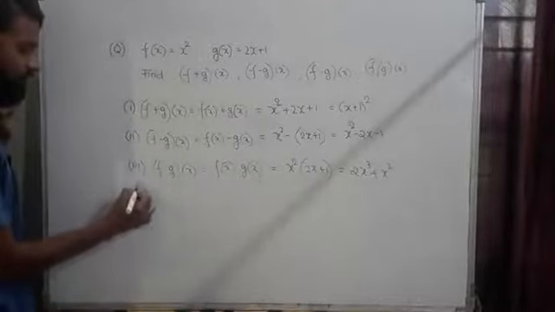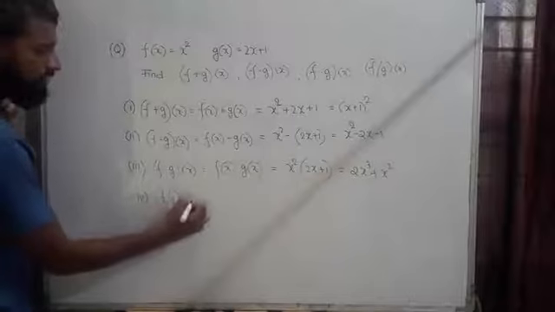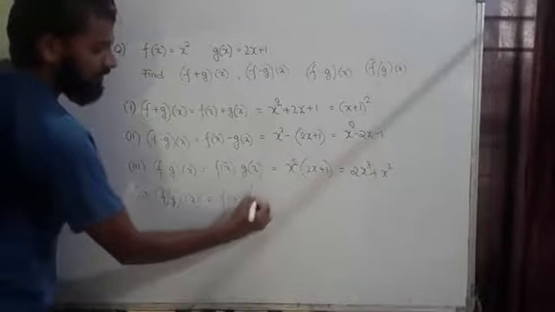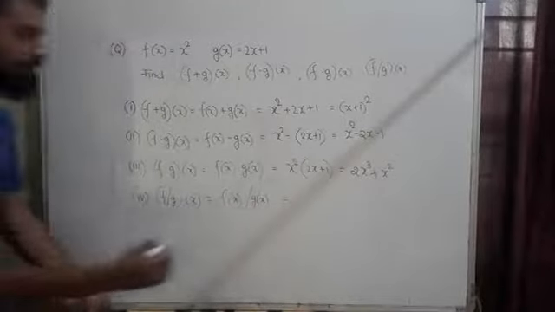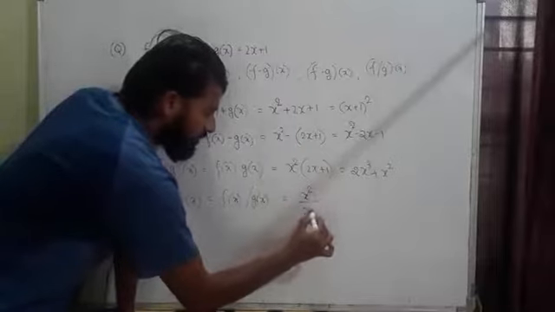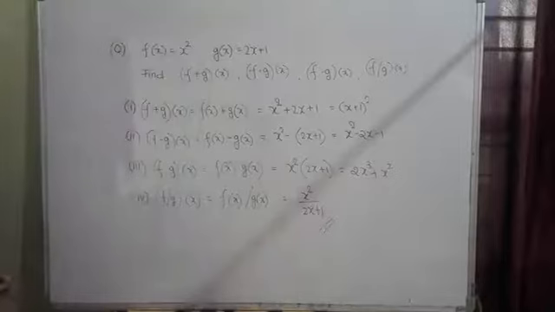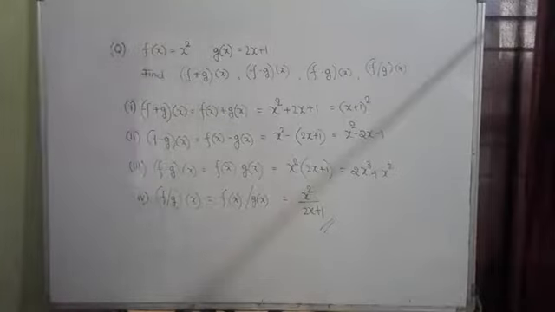And last, the fourth one, (f by g)(x) is equal to f(x) divided by g(x), which is equal to x square divided by (2x plus 1) will be the answer. Isn't it easy? Yeah. So please pause the video and note it down.